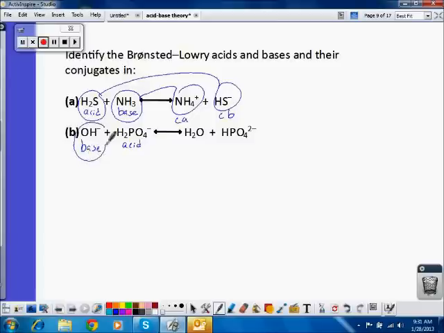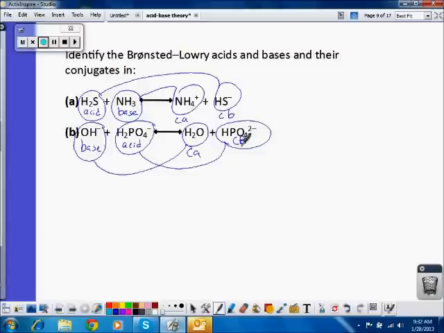So when I look at conjugate pairs, hydroxide and water are conjugate pairs. Water would be the conjugate acid of hydroxide. And then my other conjugate pair are these two. This would be the conjugate base of dihydrogen phosphate. Hydrogen phosphate is the conjugate base. Dihydrogen phosphate is the conjugate acid.